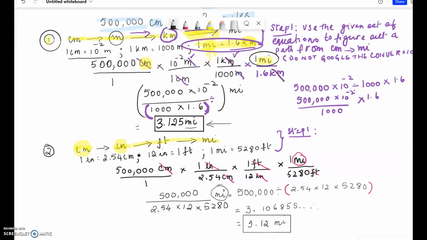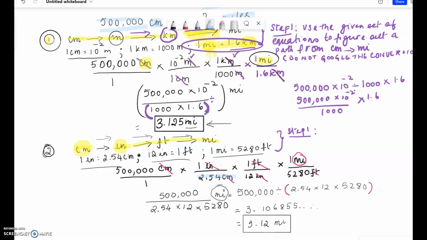Now, this is our alternative. We could go from centimeters to miles by going from centimeters to inches, inches to feet, and feet to miles using the same handout. So write down the equations first and then do exactly what we did earlier. So 500,000 centimeters, we want to make sure centimeters cancel. So 2.54 sits in the denominator.